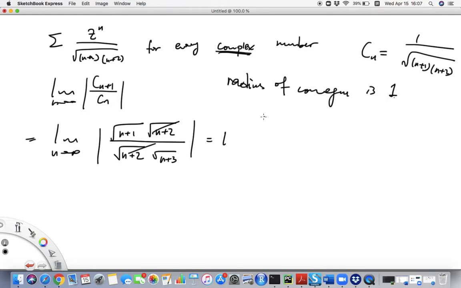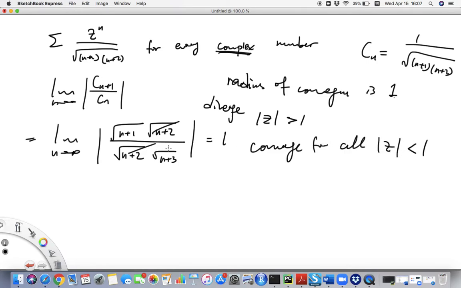You immediately know it's going to diverge for all z whose norm is greater than 1, and converge for all z whose norm is less than 1. Now the problem is, what about on the boundary when the norm of z is equal to 1? If you get the radius of convergence right, you get 6 points.